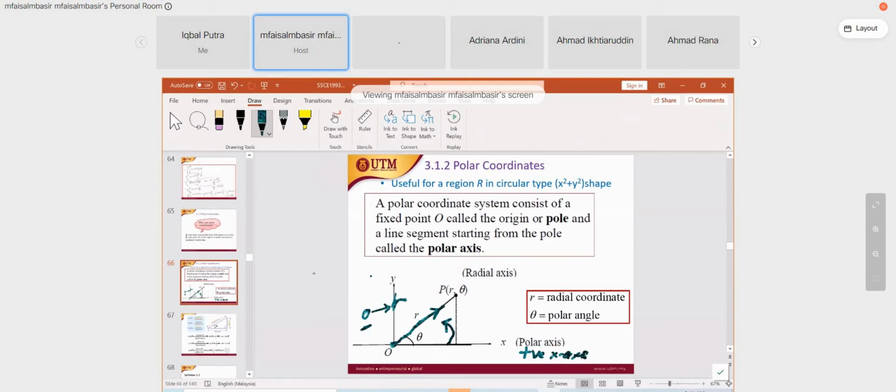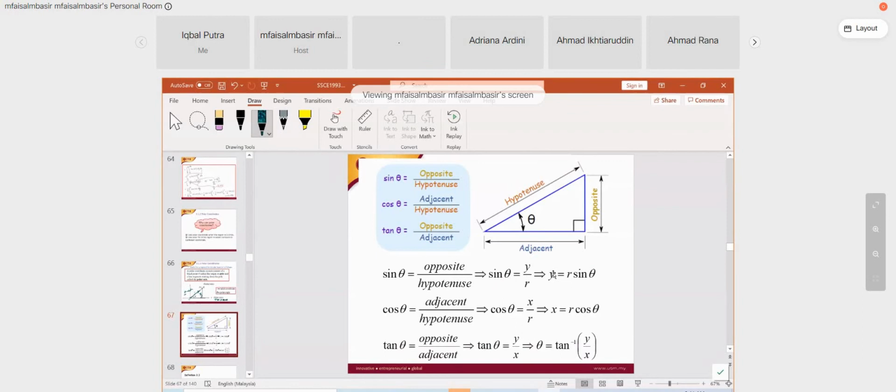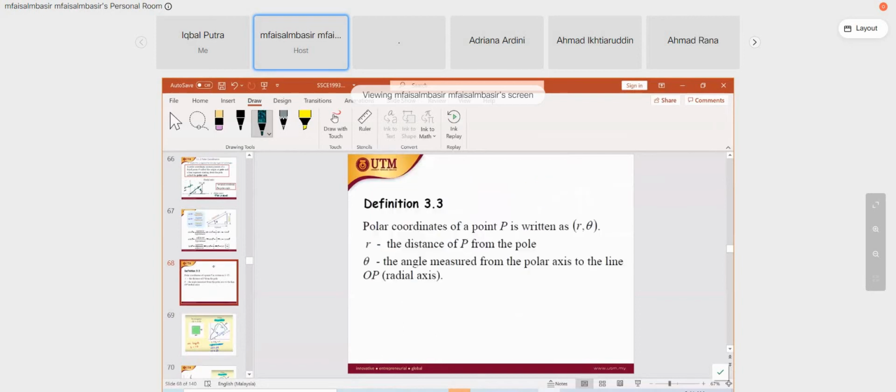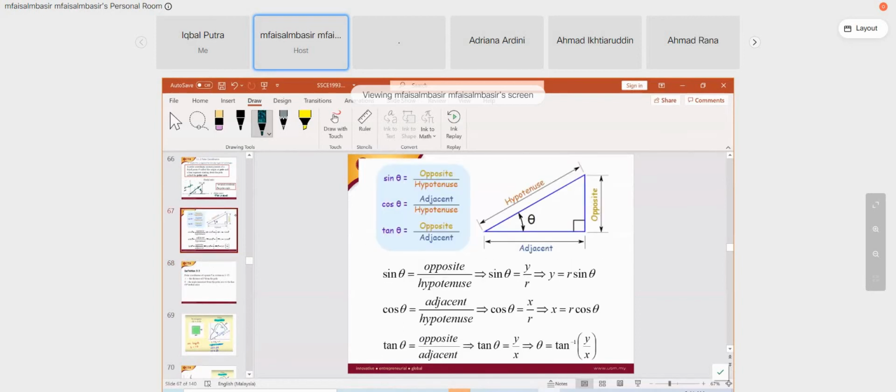Okay. So next, you have to learn this. For polar coordinates, everything should be in R and theta. No more x, y. We don't want x, y. So your y will be R sine theta, and your x will be R cos theta.